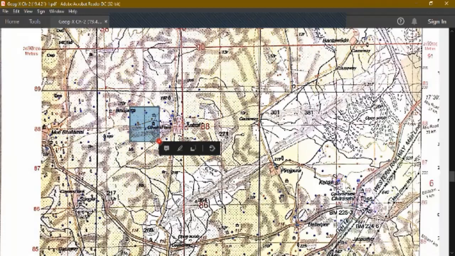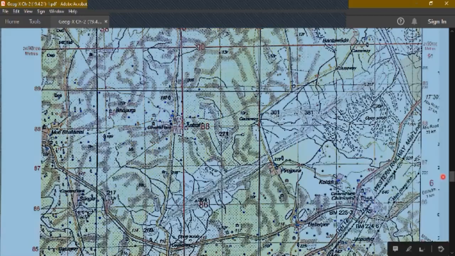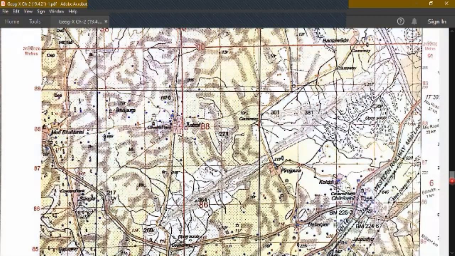The third type of settlement pattern is the linear settlement pattern. Linear settlements are those that are formed in a line.